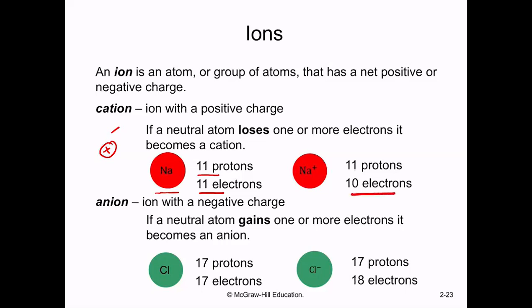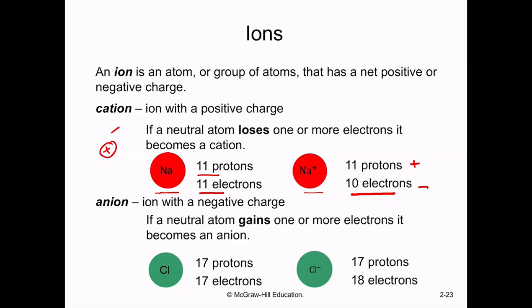And you can see that there are now more positive protons than negative electrons, and then there will be a net charge. So the ion that forms now has a plus charge when the atom loses one electron. That is a cation. The anion is the ion that forms with a negative charge, and it forms when a neutral atom gains one or more electrons.